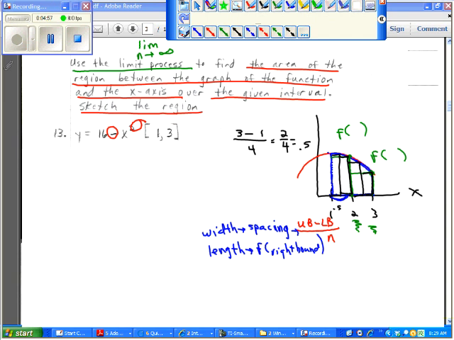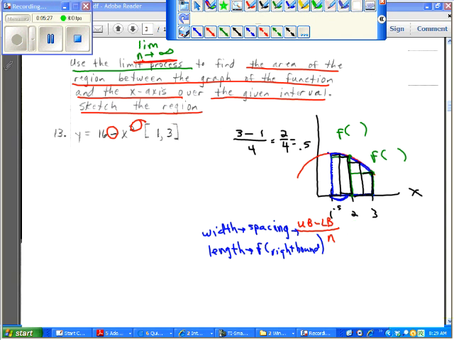Now, if we're saying we want our number of rectangles to reach infinity, then we would have a situation where we're creating a limit as n approaches infinity, n representing the number of rectangles that we're placing under that curve. So upper bound minus lower bound divided by the number of rectangles would give us the width or the spacing, okay?